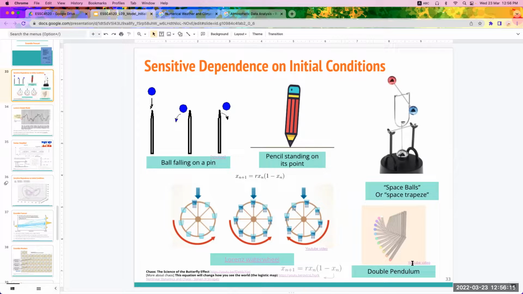They're not from the true pendulum, for example. There's a video here I found for this Lorenz water wheel. It's the true water wheel. Some people built it, and it's very fascinating to look at them turning around and changing direction.